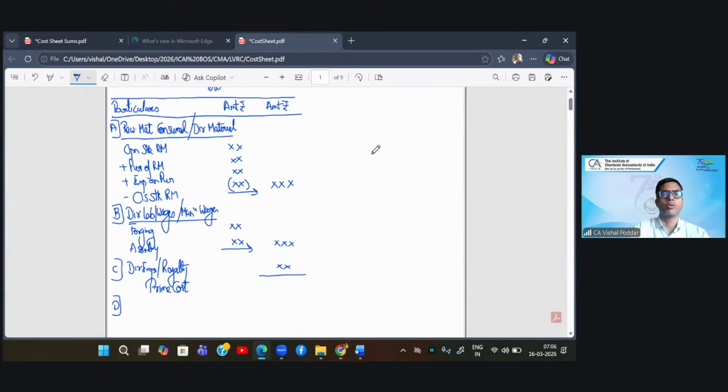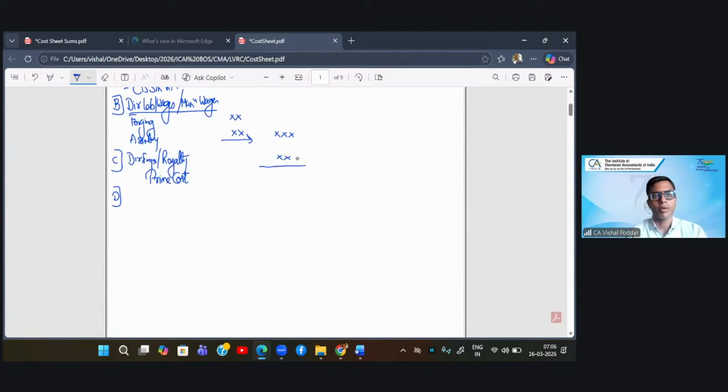Now, to this, you will add factory overheads, or production overheads, or manufacturing overheads. Generally in the sum, the ORR would be given, so we'll multiply the base by the ORR to get this figure.